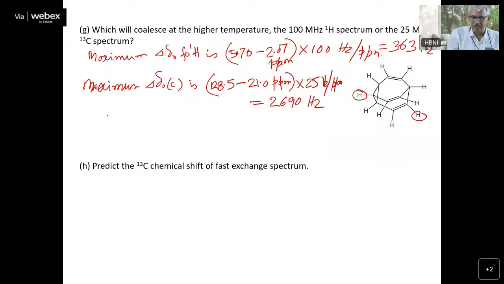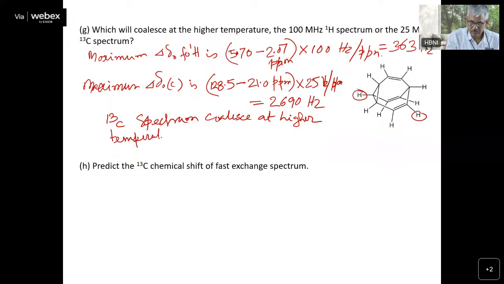So the carbon 13C, or you can write Tc of carbon is greater than Tc of hydrogen.